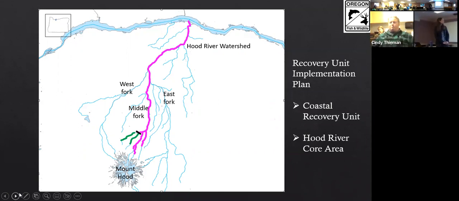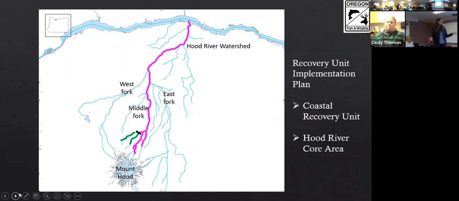So generally, bull trout occupy the main stem Hood River, and then up into the Middle Fork and Upper Middle Fork drainage. That being said, there is dispersal throughout the watershed, and bull trout have been observed in the West Fork and the East Fork. But it's just thought that the majority of their occupancy is up in the Middle Fork drainage and down to the main stem.